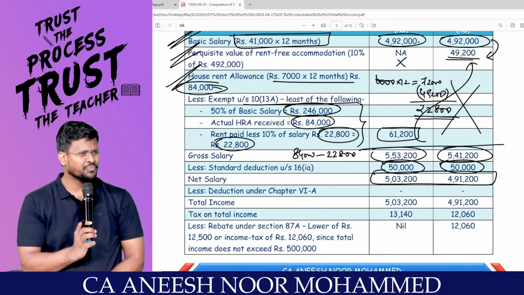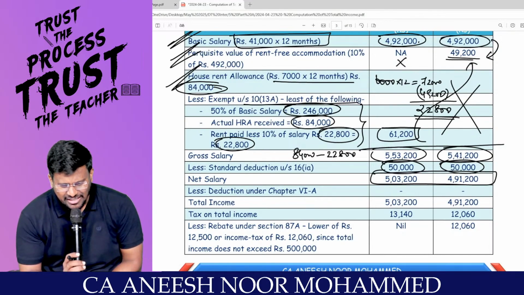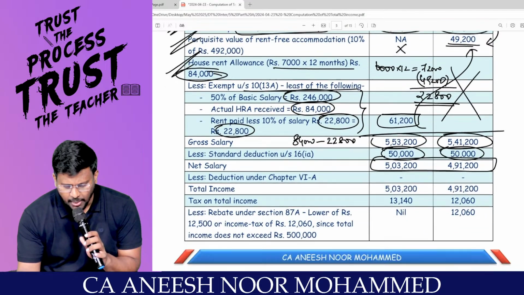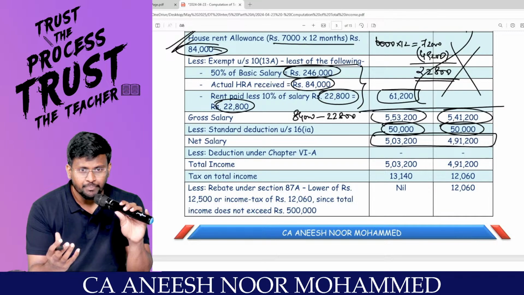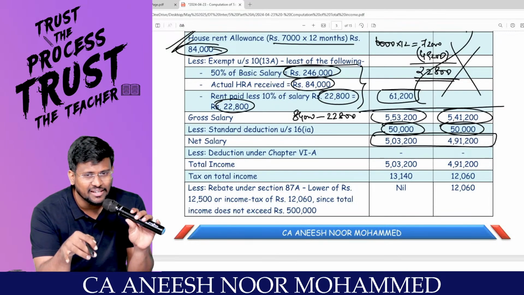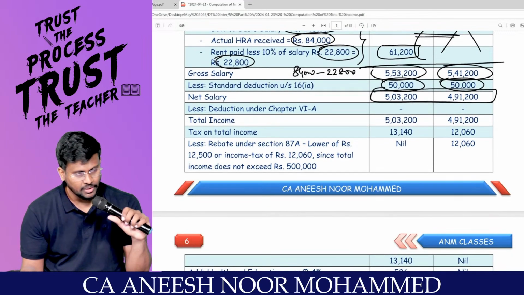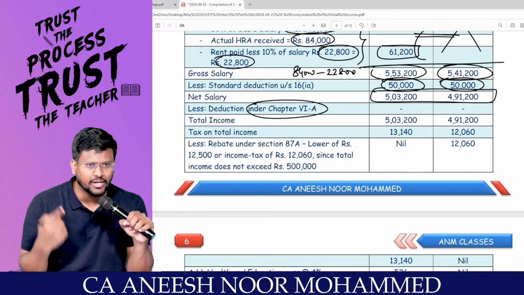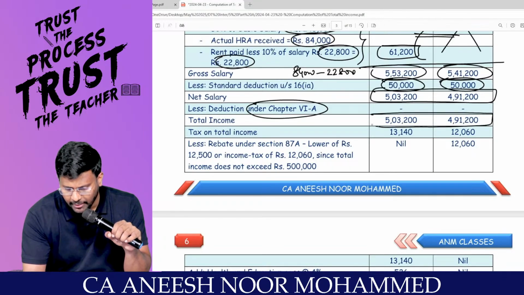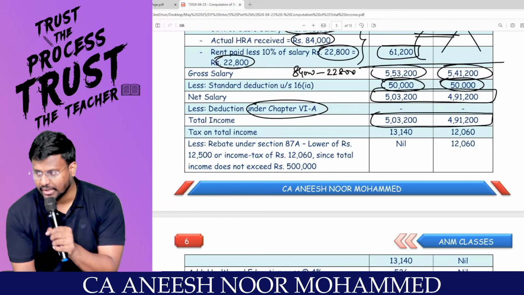Sir, why is there an increase in salary in option number 1, HRA? Because HRA is costlier than the RFA. There is no Chapter VI-A deduction given in the question. If they had given it, I would have taken it, my dear lovable students. So my total net income is 5,03,200 and 4,91,200.